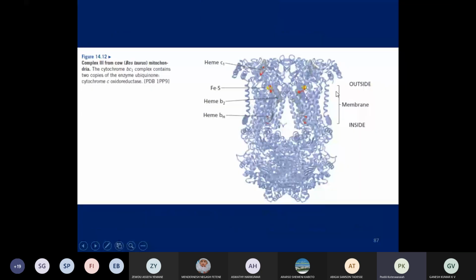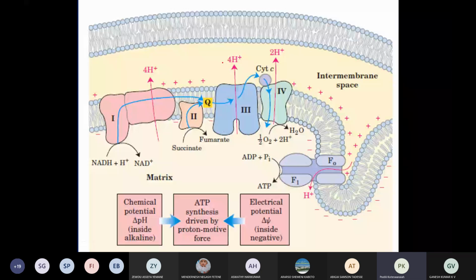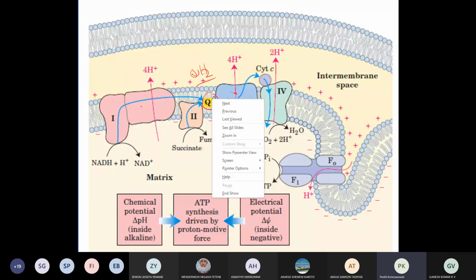You can see here that the electrons coming from complex 1 and complex 2 are with ubiquinone in the form of QH2, ubiquinol. The role of complex 3 is only to transfer electrons from the ubiquinol to cytochrome c, which is a mobile electron carrier.